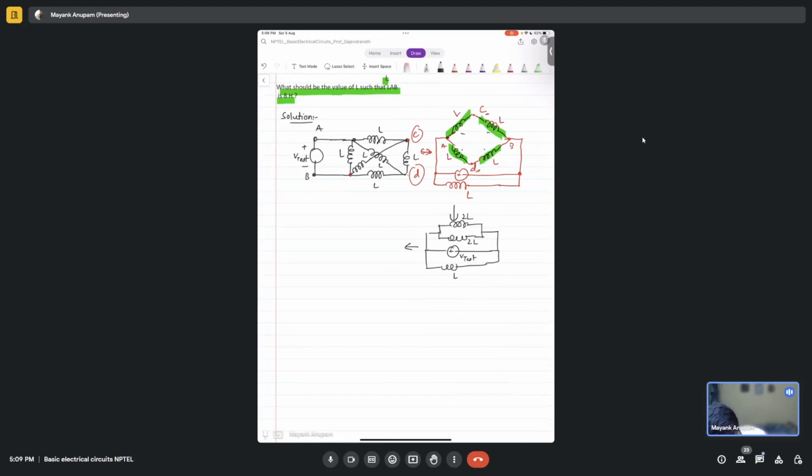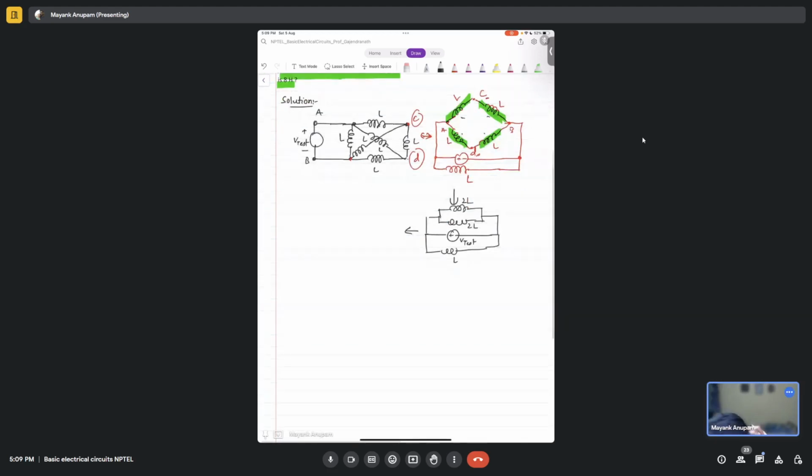Fine. What else? Now what should I do? See, this L, this 2L and this 2L are connected in parallel, right? This 2L and this 2L, they are connected in parallel, their equivalent is L, correct? And this equivalent inductance L here and this L are in parallel again. So their equivalent will be L by 2, correct?